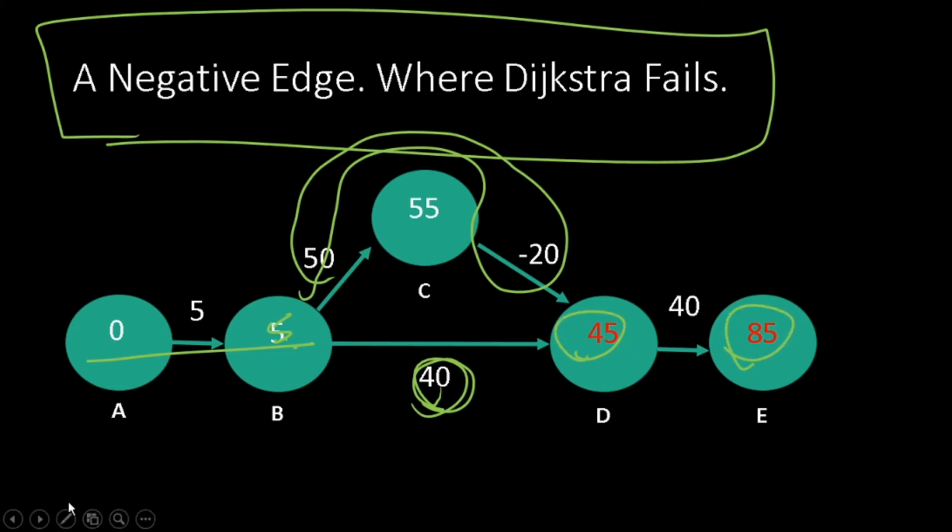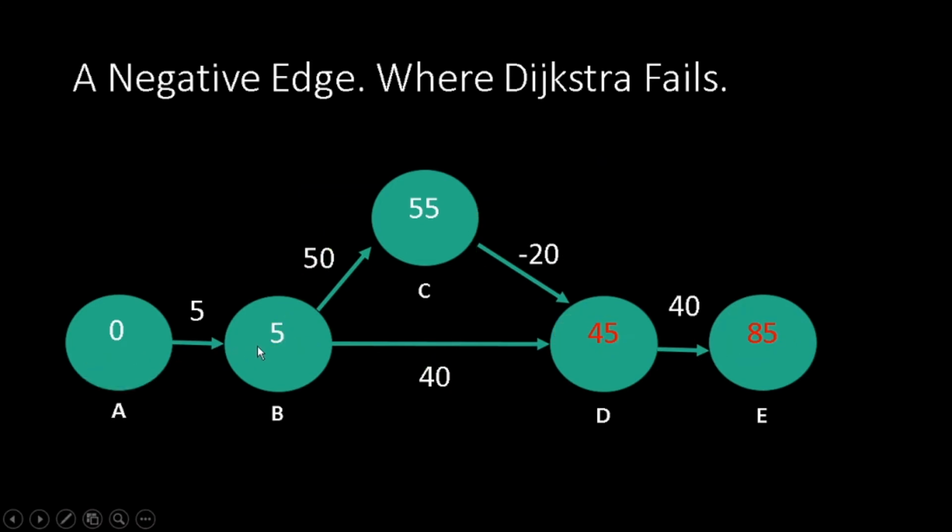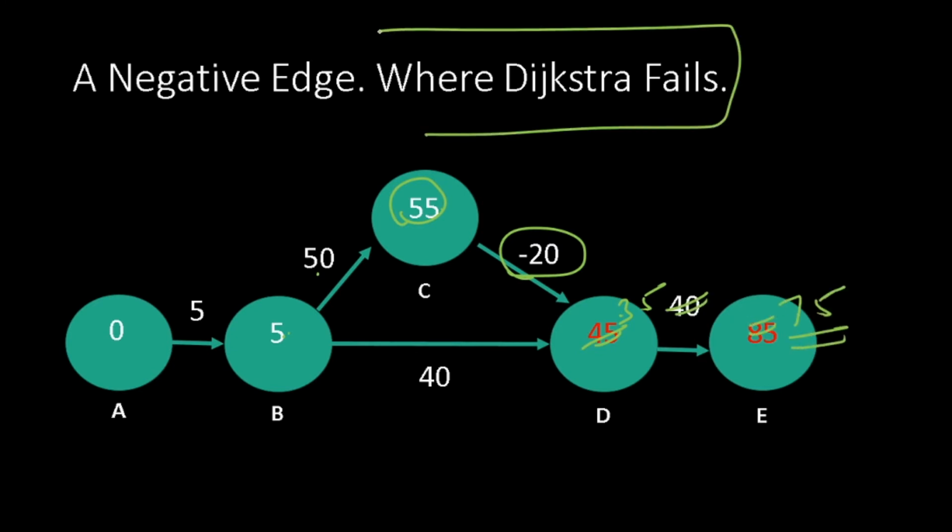Very quickly, I'm not going into all the details here. But what's the correct answer? The correct answer is 5 plus 50 is equal to 55. 55 minus 20 is equal to 35. Similarly, 35 plus 40 is equal to 75. This won't make a lot of sense if you haven't watched the previous video. So please, if you haven't, go ahead and watch that one first. So now we know that Dijkstra's won't work if there is a negative edge.